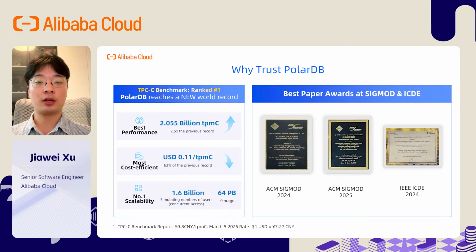We also proved number one scalability, simulating 1.6 billion concurrent users and 64 petabytes of storage. Beyond benchmarks, our innovations have been recognized with the Best Paper Awards at leading database conferences like ACM SIGMOD and IEEE ICDE in multiple years. This validates our contributions to push the boundaries of database technology.